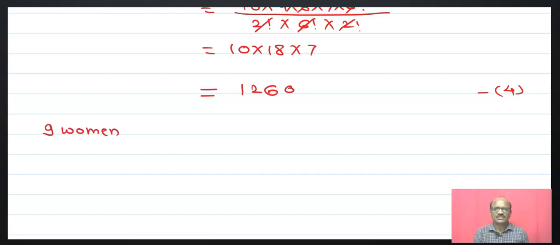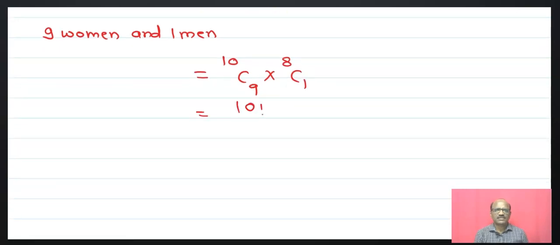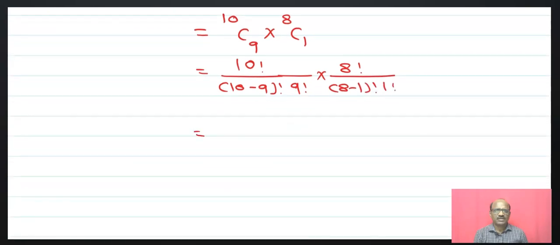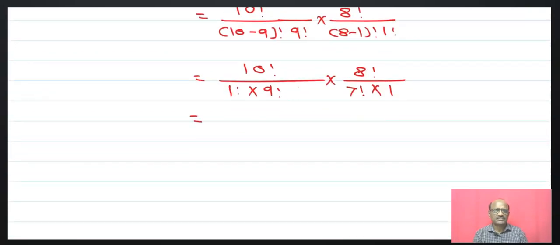Now the next is 9 women and 1 man. Therefore, 10C9 and 8C1. The values are 10 factorial upon 10 minus 9 factorial into 9 factorial, into 8 factorial upon 8 minus 1 factorial into 1 factorial. Actually the value is 10 only, and the value of this is also 8.